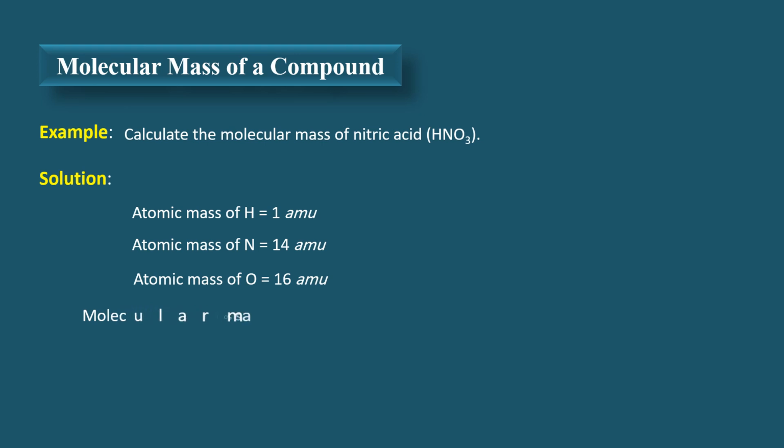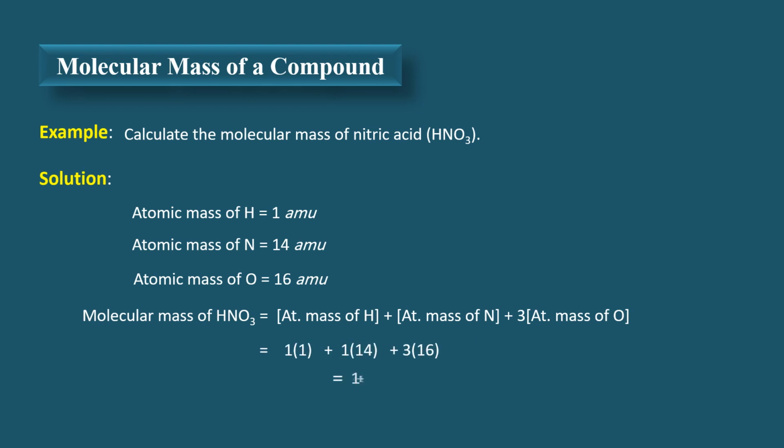So molecular mass of HNO3 is atomic mass of hydrogen plus atomic mass of nitrogen plus 3 times the atomic mass of oxygen, because there are 3 atoms of oxygen in one molecule of HNO3. So putting their values, we get the molecular mass of HNO3, that is 63 AMU.